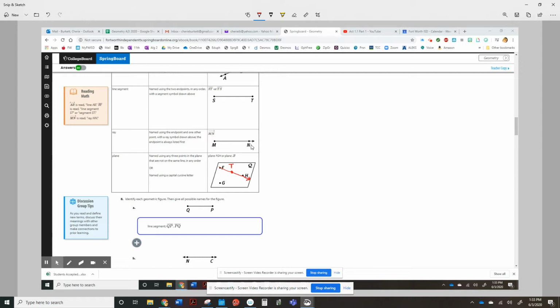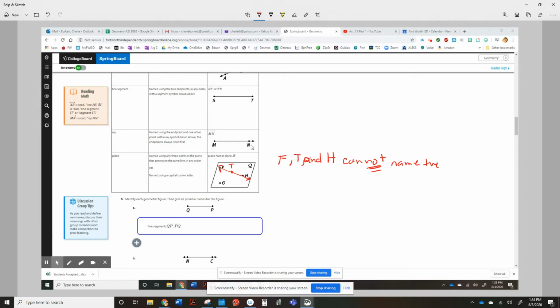I intended for them to. So those three dots, F, T, and H, cannot name the plane.